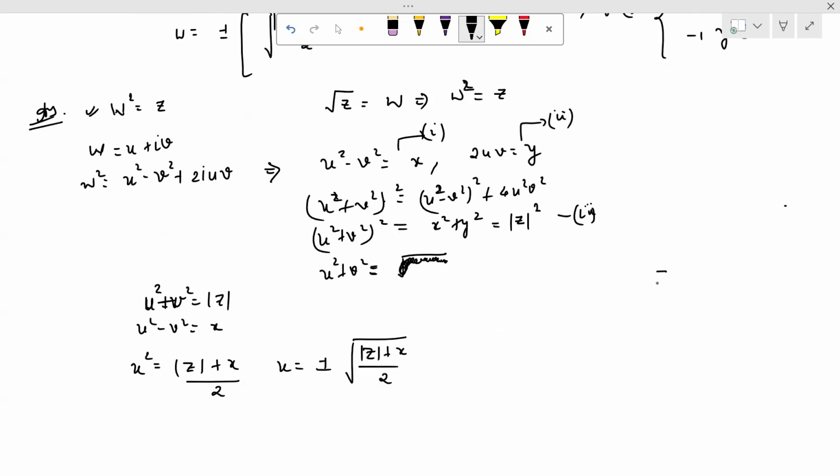Always remember modulus of z is root over x square plus y square, so it will always be greater than or equal to modulus of x. What would be v square? v square would be modulus of z minus x upon 2, and taking the root, here also you'll get plus minus.